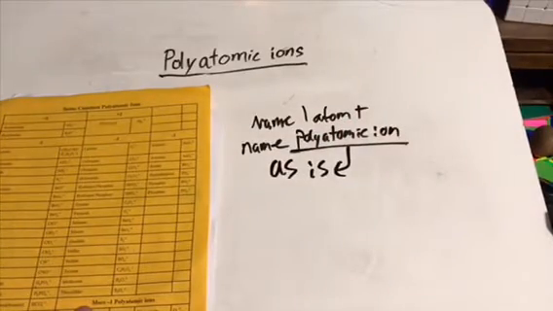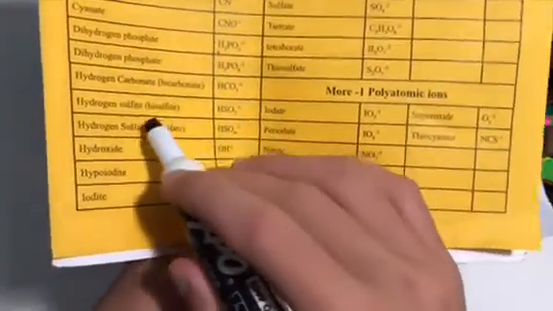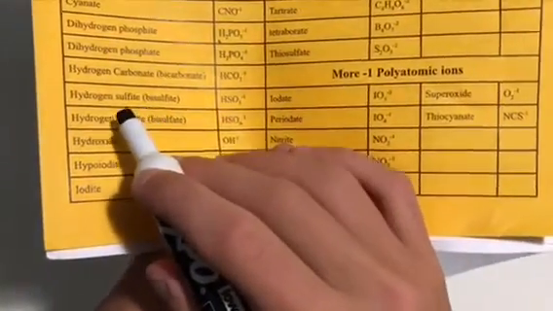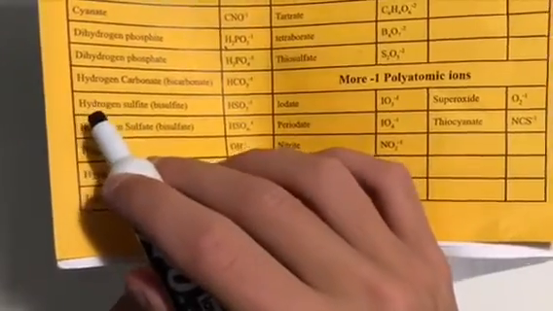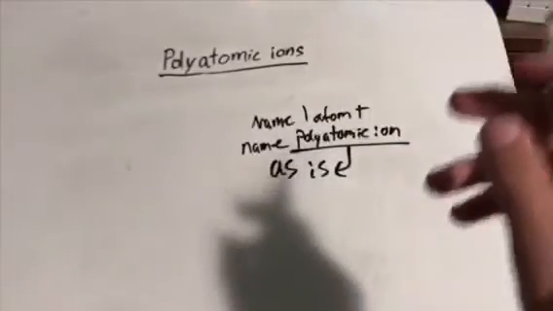You don't change it. So if you look closely on the sheet, you would find iodate. You would write iodate. Hydrogen sulfite, you would write hydrogen sulfite. You don't have to change the ending at all.